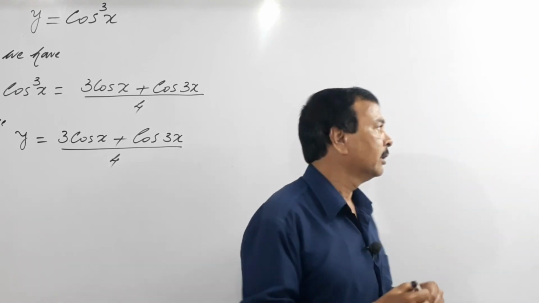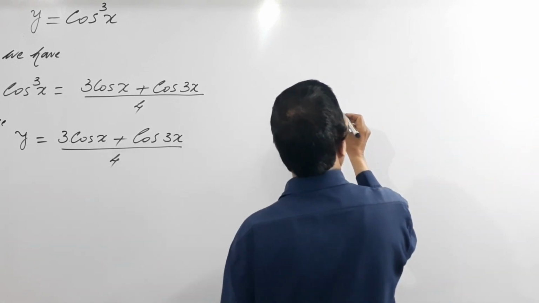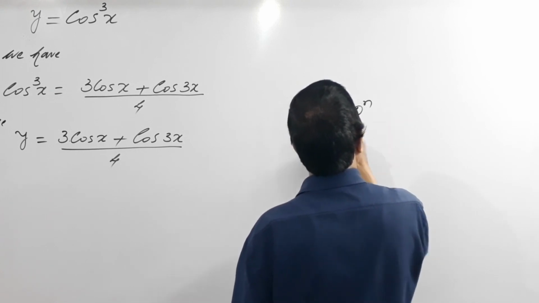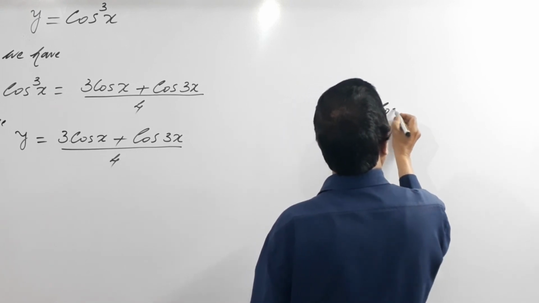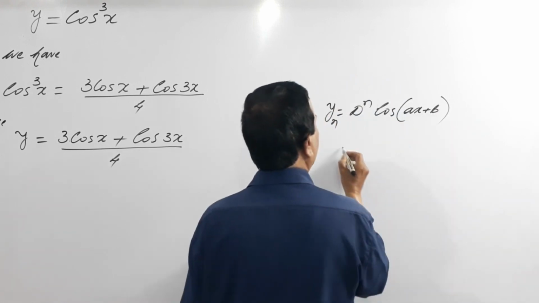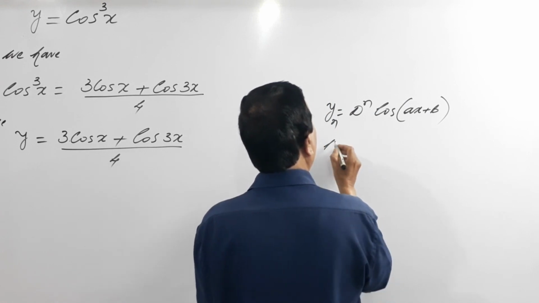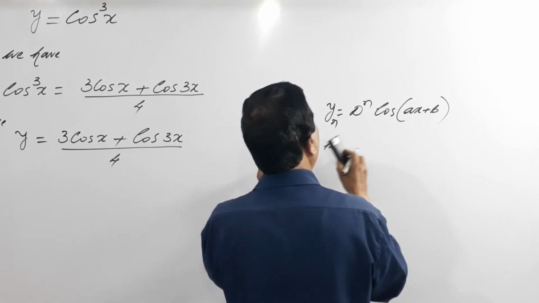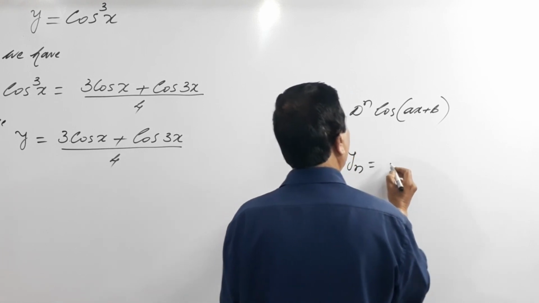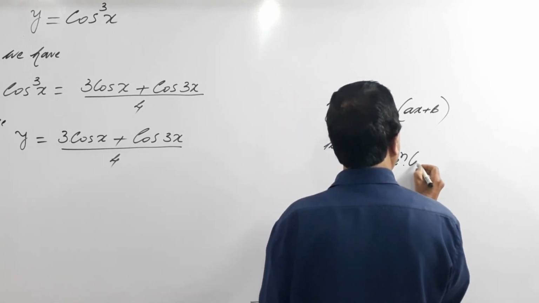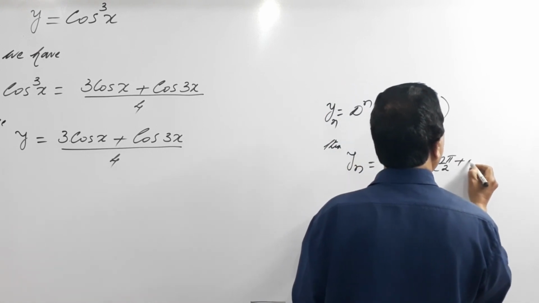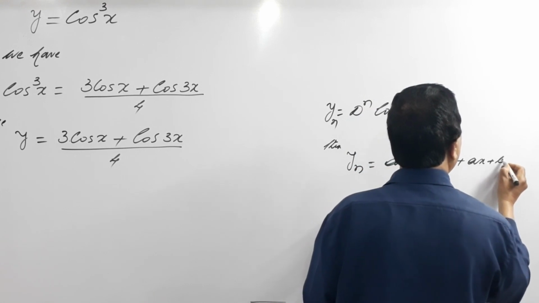We know that if y equals cos of ax plus b, then yn will be a to the power of n cos of n pi by 2 plus ax plus b.